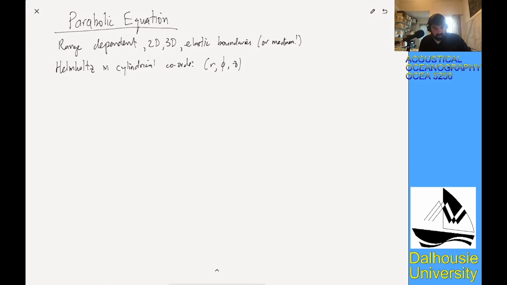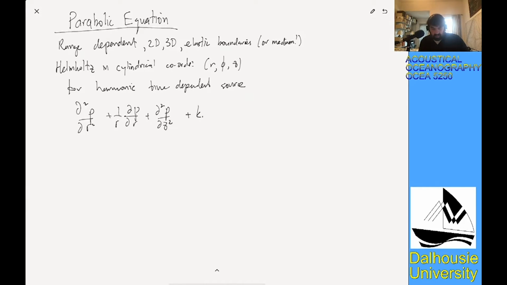And we can write, for a harmonic time-dependent source, d²p/dr² plus 1/r dp/dr plus d²p/dz², then we'll have our k squared term.